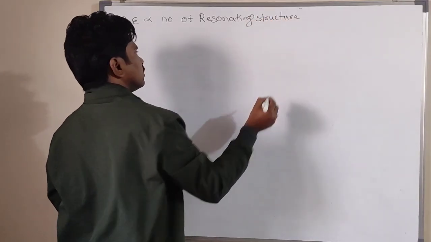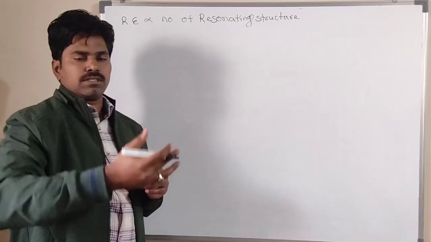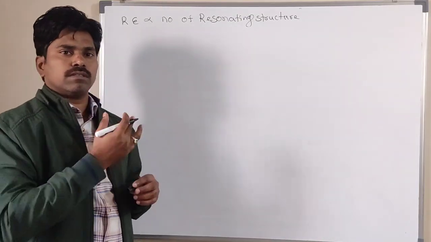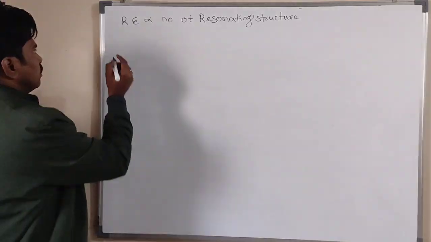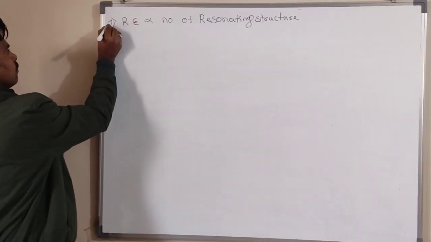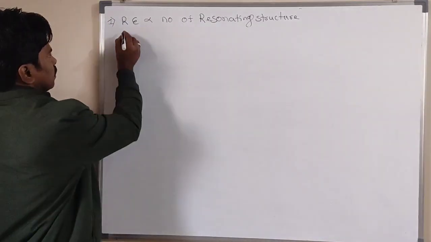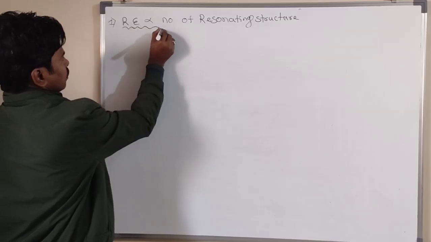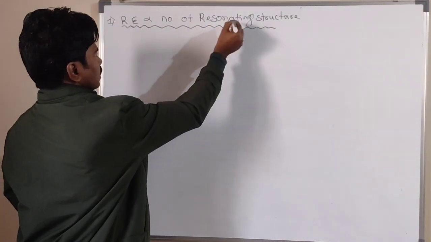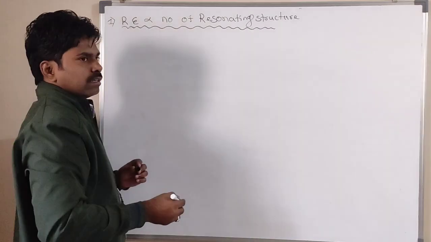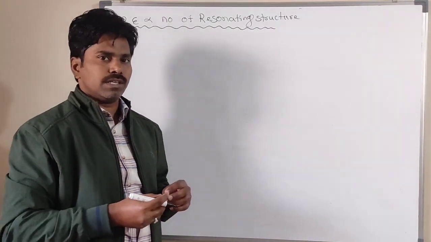It means as resonating structures increase, resonance energy also increases. Okay. So I will give an example for this point. Resonance energy depends on the number of resonating structures. Resonance energy increases if the number of resonating structures increases.